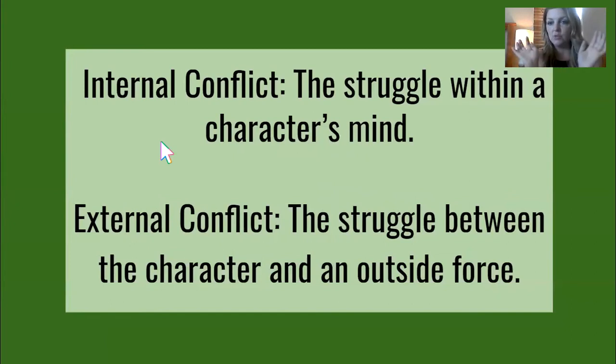That has nothing to do with an outside force. It's internal. And then external, of course, is the opposite of that, which is everything on the outside. So the struggle between the character and an outside force. And we're going to talk about what those forces can be, because they can be many, many different things. So we are going to discuss all of this. Just remember internal and external conflict.